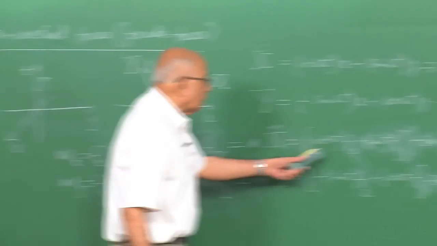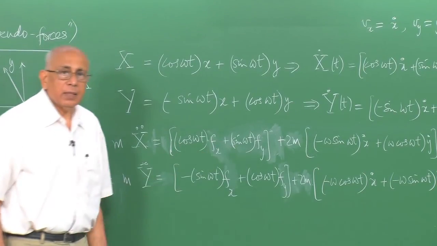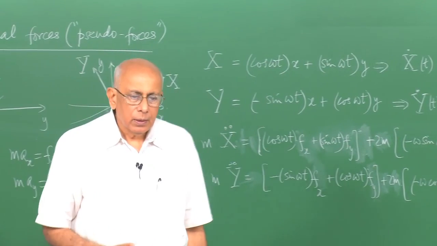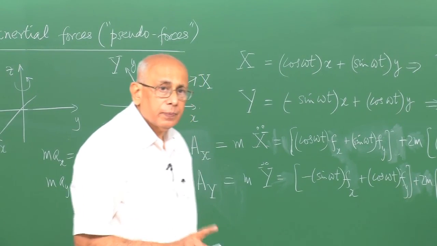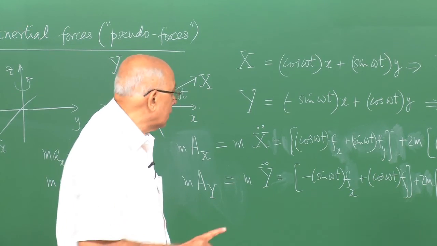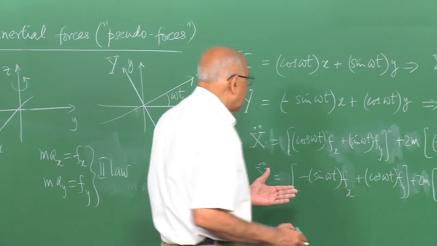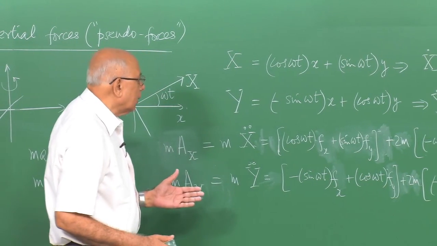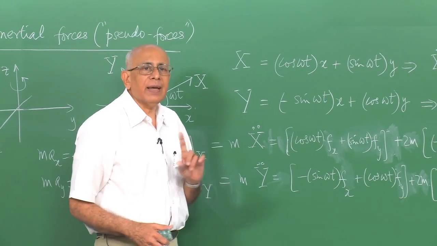But what is this quantity here? This is the transformation of the force, the new x component, when you rotate the frame of reference through an angle omega t. Remember that the force is a vector.